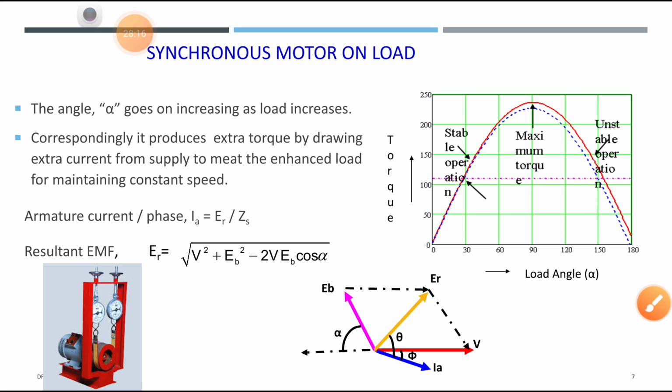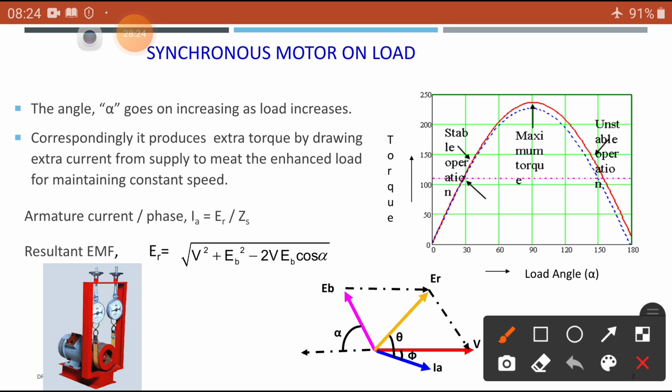Well known, you have already seen this one: load angle versus torque. If alpha changes, the load on the motor changes and the torque also changes. Further increase the load on the rotor, and the torque automatically goes on increasing up to the maximum of 90 degrees.